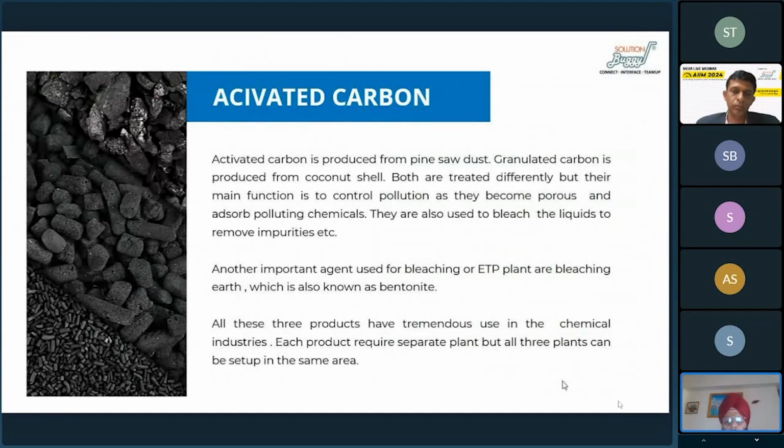Now different chemicals, sodium aluminate and sodium silicate, are directly used for making the zeolites also. And this bentonite is a stone only, which is to be crushed and converted into powder, and then activated with temperature, as well as by adding some chemicals to it. Right. Next slide, please.